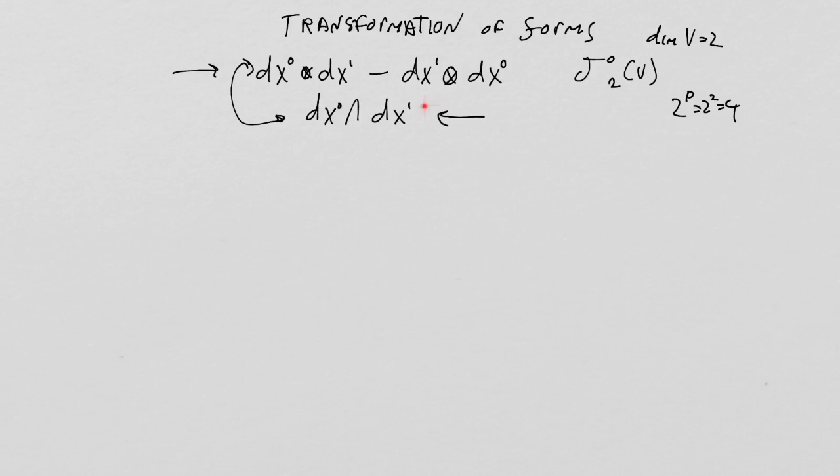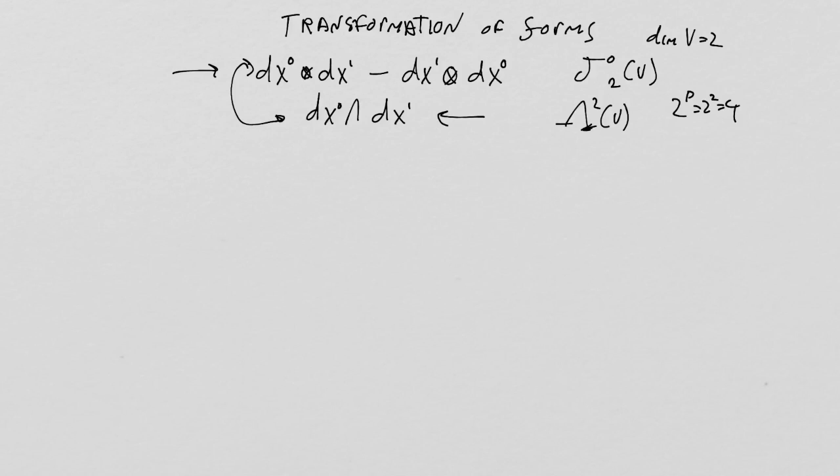But once you put it in this form, you're forcing everything to exist in a purely one-dimensional vector space of the completely covariant antisymmetric tensors.